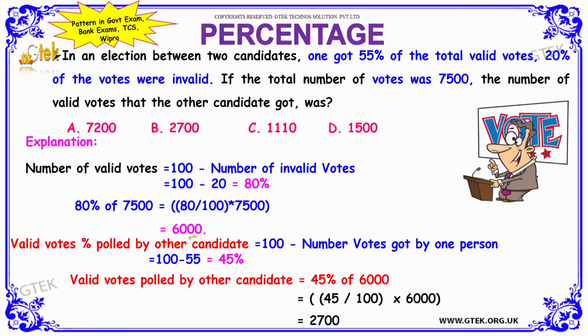So, 45% of the valid votes was received by the other candidate. How many valid votes were received by the other candidate can be obtained by 45% of the total number of valid votes. That is 45 by 100 into 6,000, which gives you 2,700, which is option B. So option B is your answer.